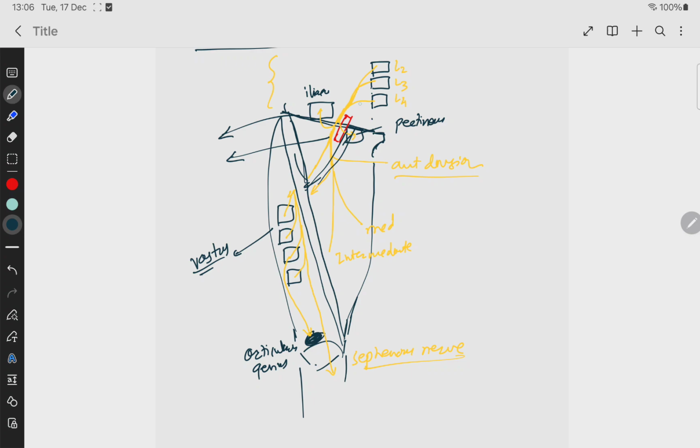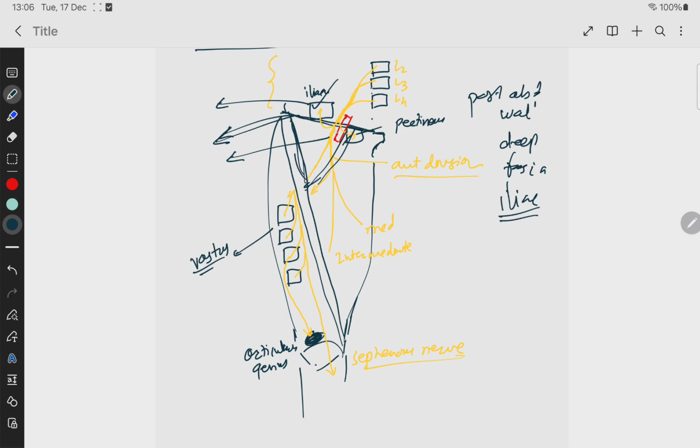Above that, it lies on the posterior abdominal wall and deep to the fascia iliaca. That is the fascia which lies over the iliacus and the psoas major muscle. Then it lies in the groove between the iliacus and psoas, and passes deep to the inguinal ligament.